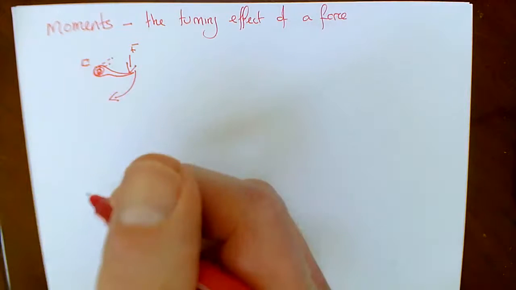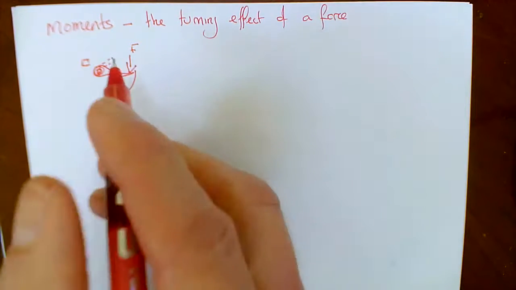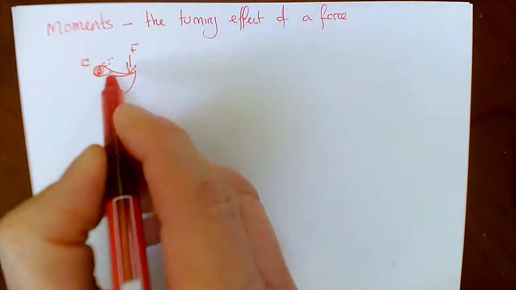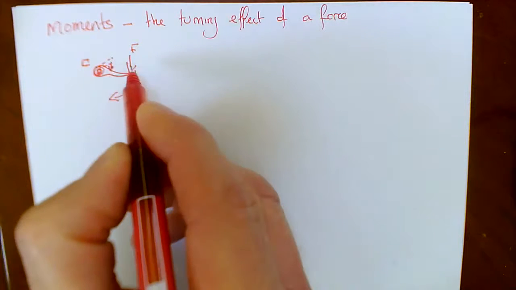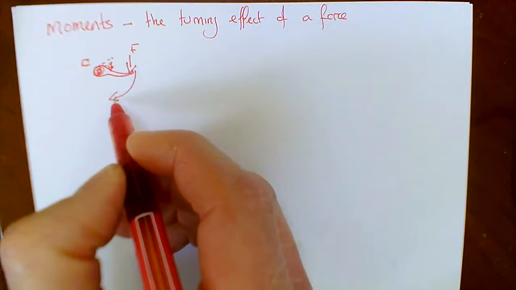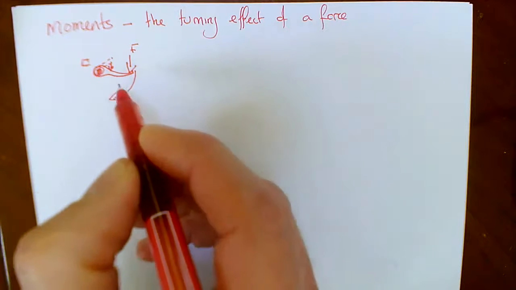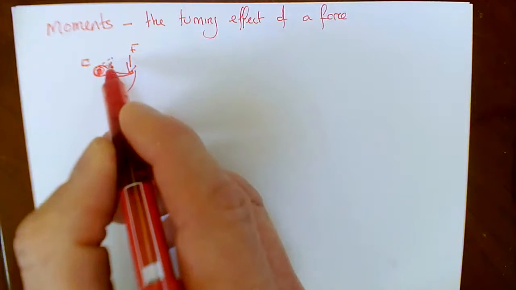So there you have a turning effect of the force. Now you would know that if you try to turn the door handle here rather than here, it's much harder. So to get the same turning effect, bringing it closer to the axle here, you need a larger force.